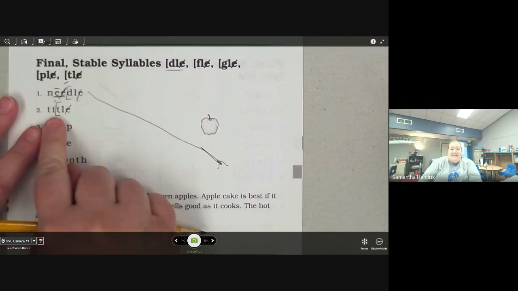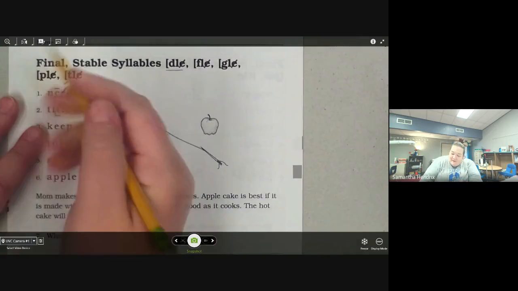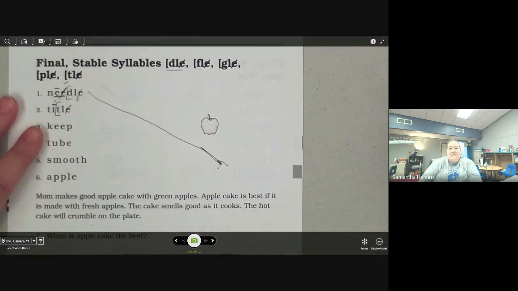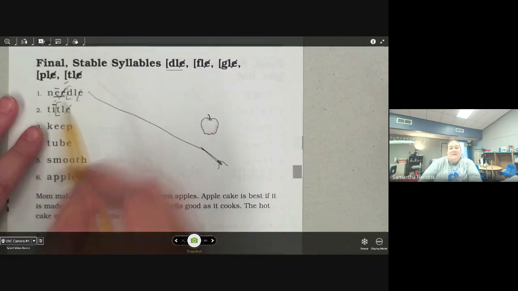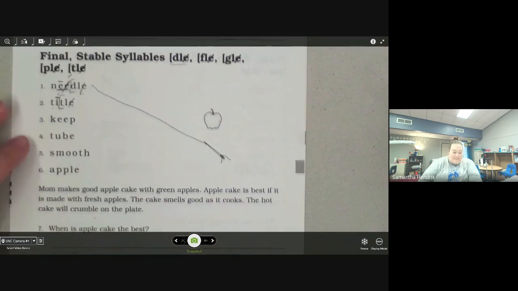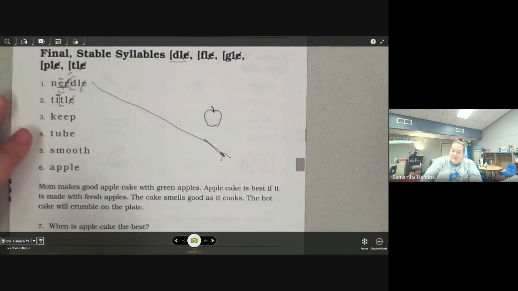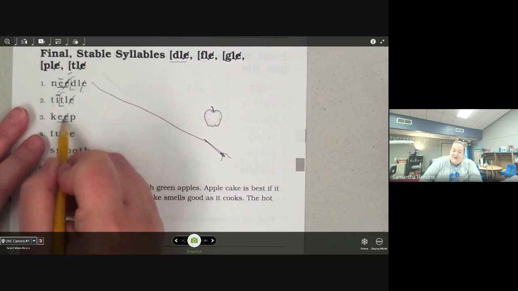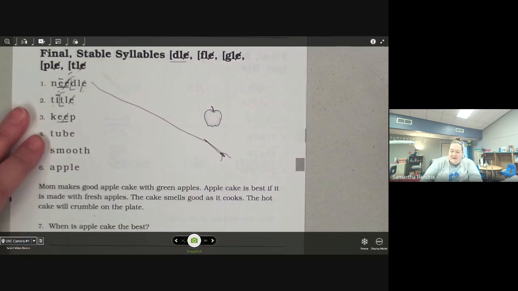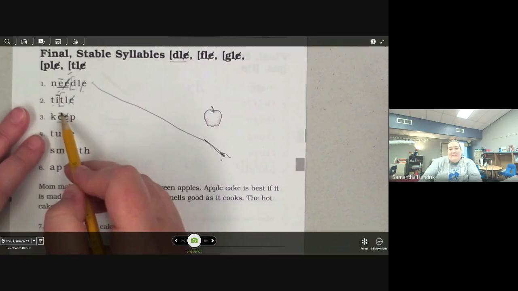It's open because nothing follows it in that syllable. So it's long. So title. Okay. Keep. There's our double E. I know I mark out one because we only say it once and it's long. So keep.